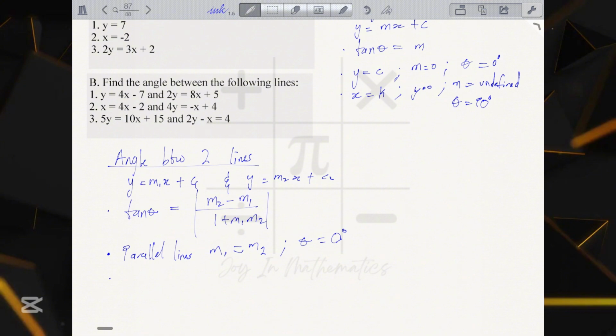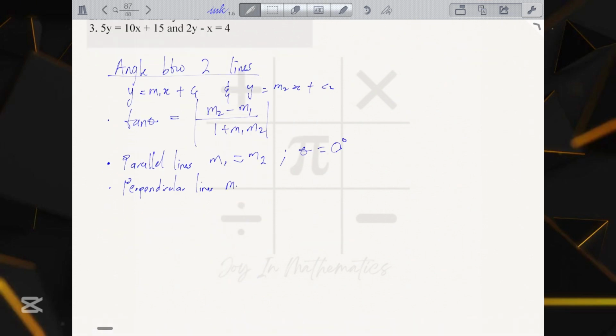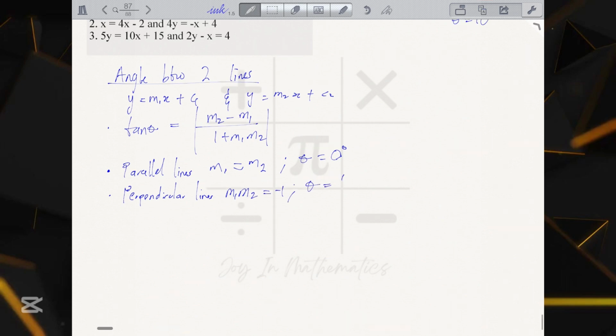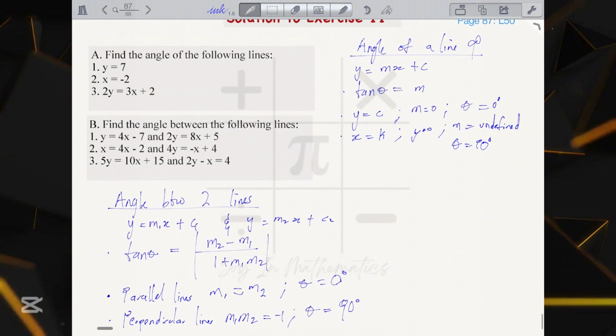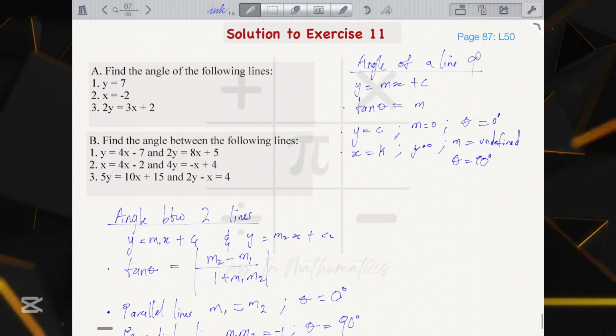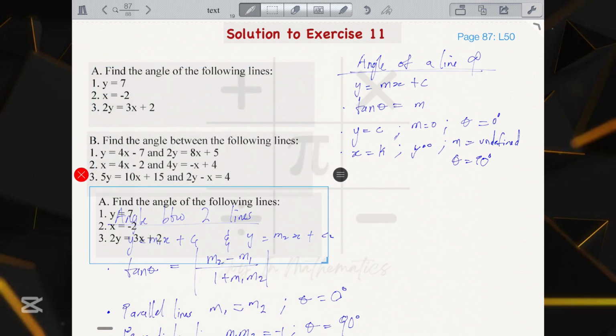And if we have perpendicular lines, the product of the two gradients, m1 multiplied by m2, is equals to -1, and this means that theta is equals to 90 degrees. So now let's solve the two sets of questions with analogy to the angle of a line and the angle between two lines. Let's duplicate this and move on to the next page.